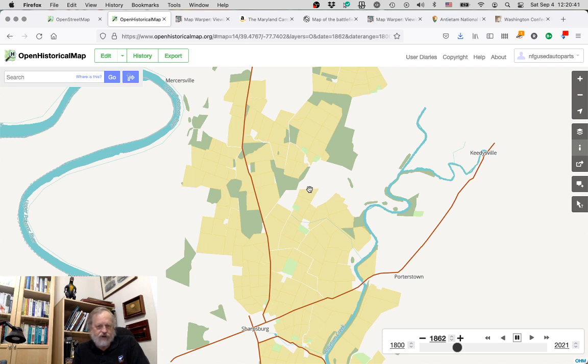And now there's some debate over whether or not that kind of transient information belongs in OpenHistoricalMap.